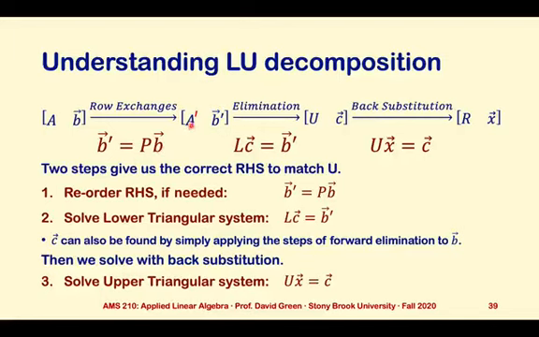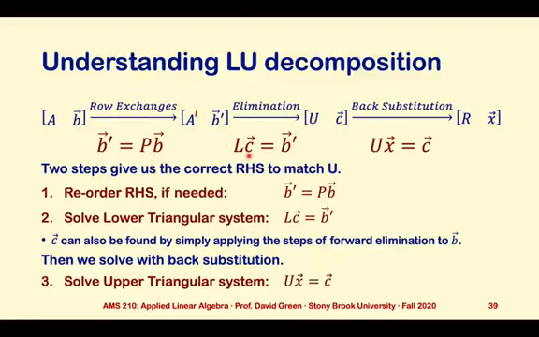After row exchanges, we apply forward elimination. Forward elimination moves us to an upper triangular matrix version of A, the echelon version of A prime, and a modified right-hand side that we'll call C. This process is encapsulated by L. So rather than needing to apply forward elimination to a new augmented matrix for a new right-hand side, we can directly find what C must be by using L. LC equals B prime.